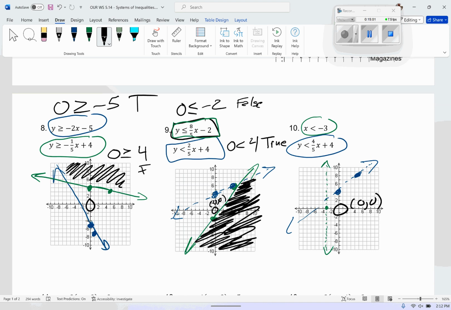All right. Is 0 less than -3? Is 0 less than -3? That's false. So, which side of the green am I going to shade? Yeah, so I'm going to shade the left side of the green so far. So it can either happen up here or down here. All right, take 0, 0, plug it into the bottom one. 4/5 times 0, 0. 0 plus 4 is 0 less than 4.